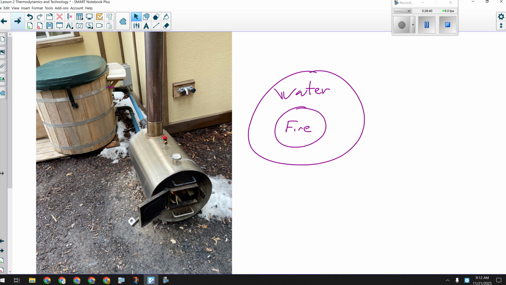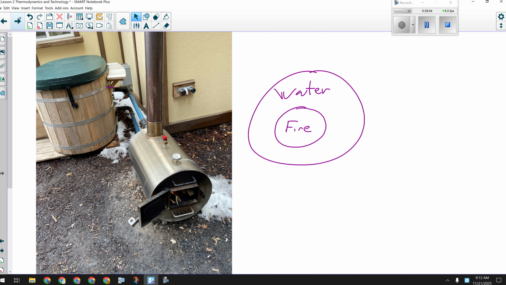When we got there, there was a layer of ice on the top of the hot tub, so it was ice cold water. The water goes through these pipes here and into this thing, and then you've got water surrounding the fire, and the chimney comes up in between. So I lit the fire, and the water started to heat up.